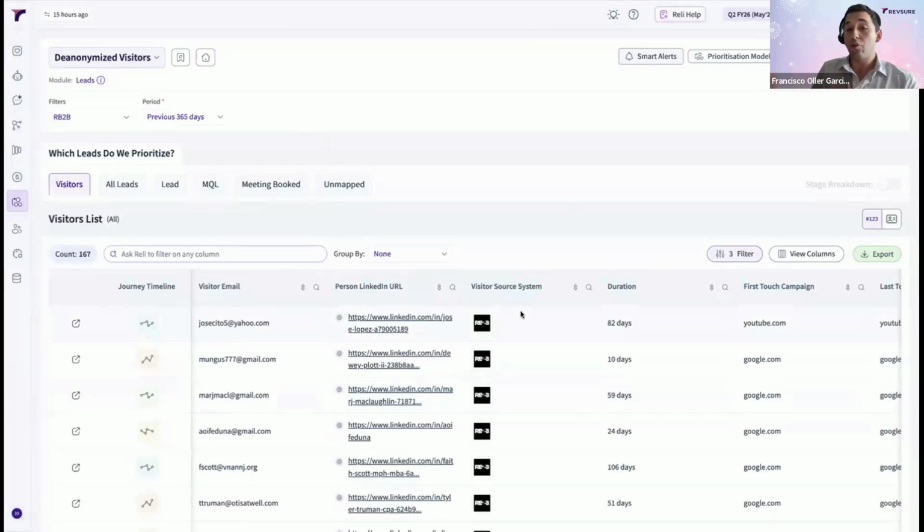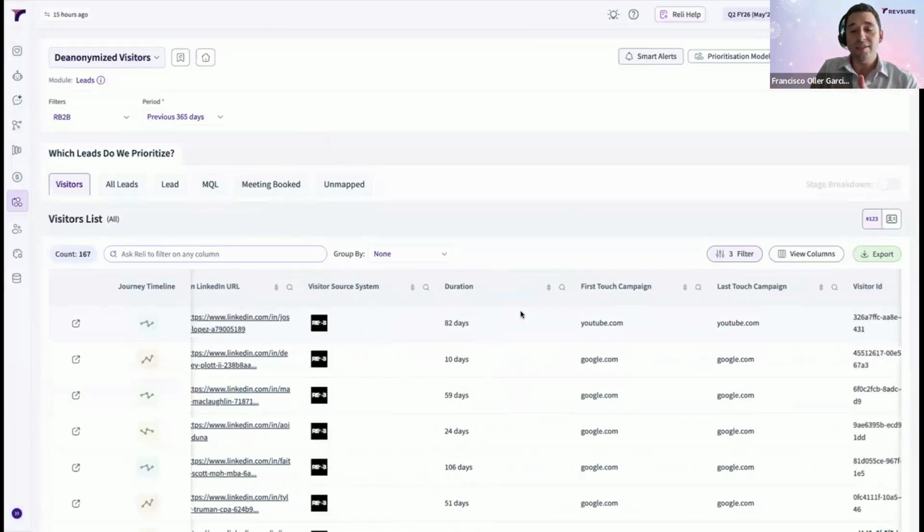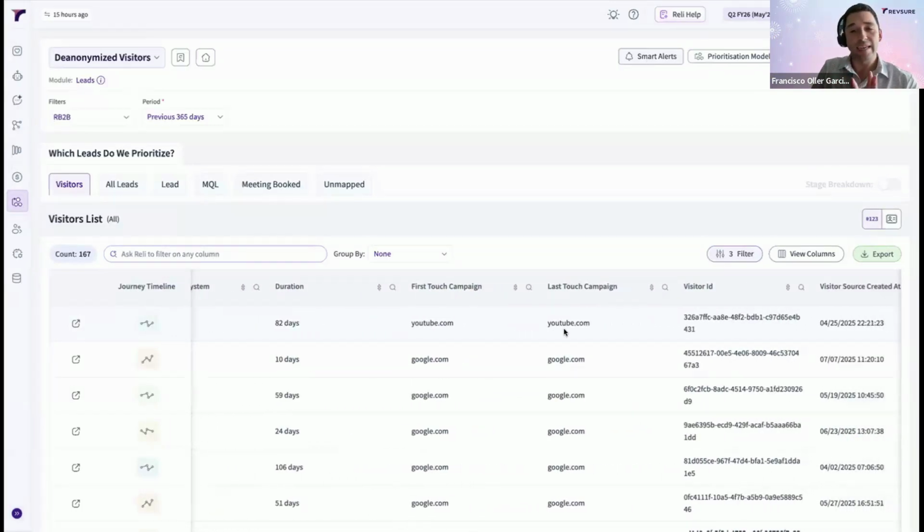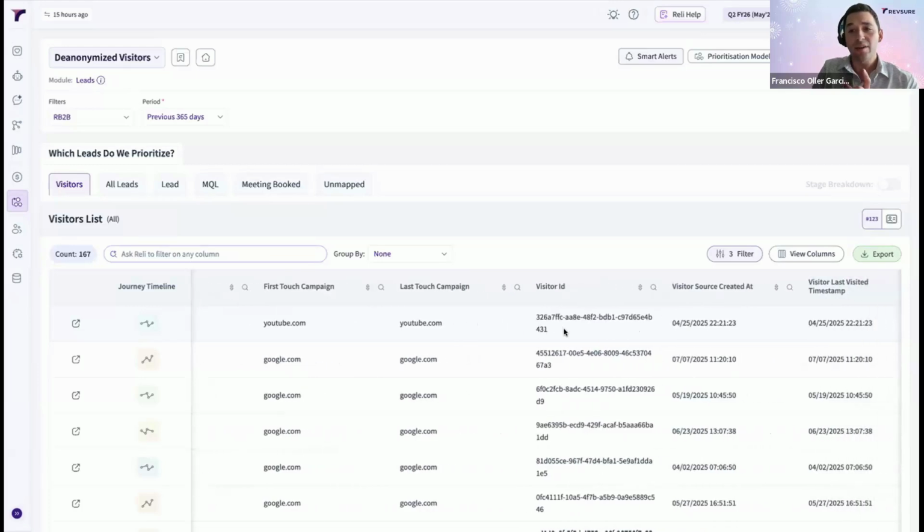Looking at their email, their LinkedIn URL, seeing the duration, what was that first touch campaign, what was that last touch, and even, one of the key points, understanding what was that last visit timestamp, so your sales teams can act upon recency, like who is recently expressing interest.